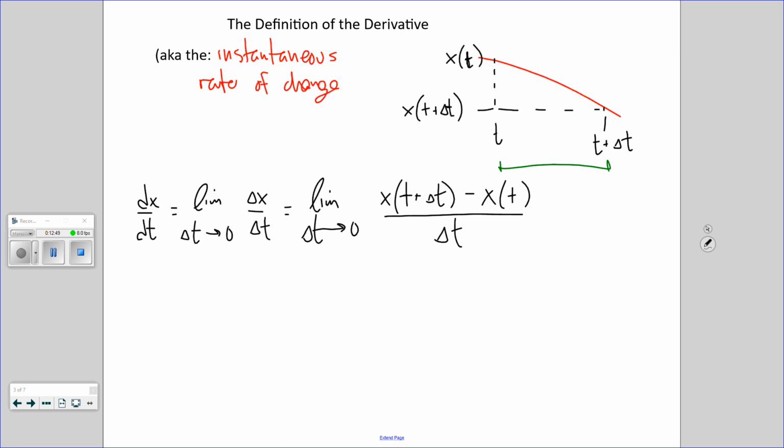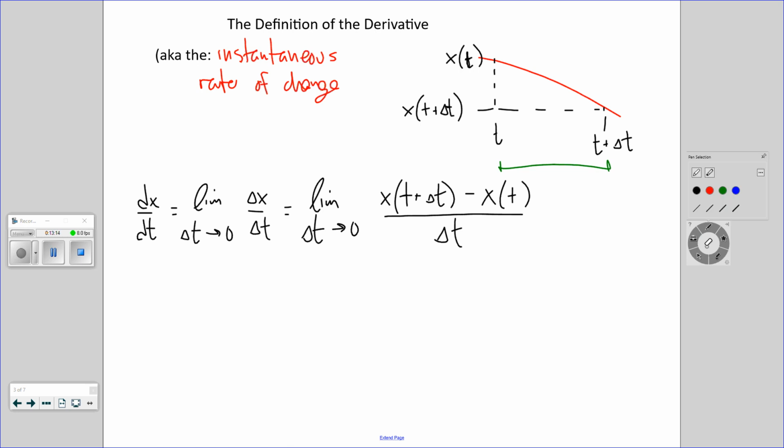All right, so definitionally, if you're a pure calc student, you've probably seen something with f of x and f of x plus h or something like that. But this is how we're going to do, in this case, a derivative of a position function.